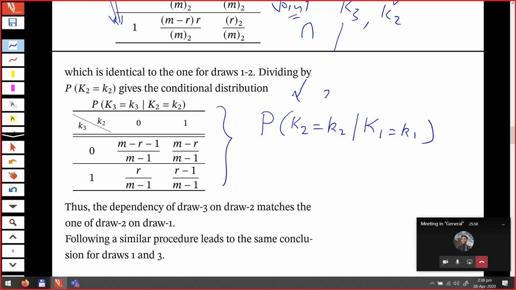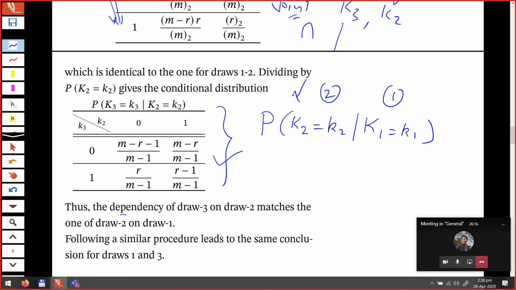So draw 2 depending on draw 1, that table was exactly the same as this table. So the dependency of draw 2 on draw 1 has the same probabilities as the dependencies of draw 3 on draw 2.